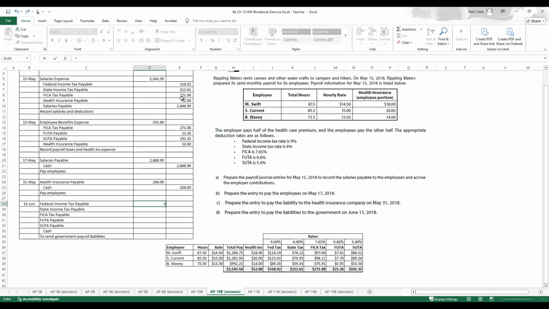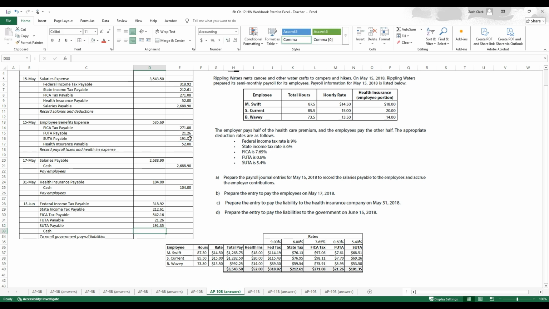And so the federal income taxes on the employee's behalf is $318.92. State income tax for the employee is $212.61. The FICA payable is the combination of the employer and the employee, so $542.16. Be sure to get both of those. And then the FUTA is just the employer, so nothing up here to grab.